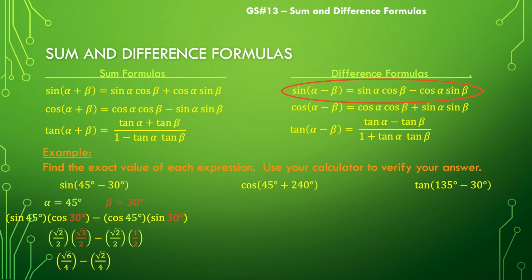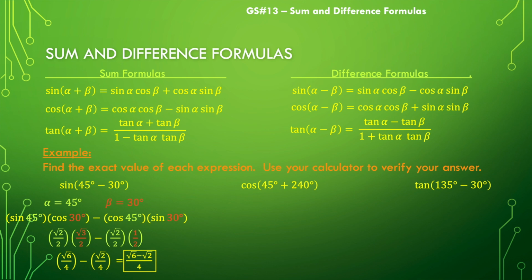Okay, and so all we can do with that is really combine it into one fraction. So we would end up with the square root of 6 minus the square root of 2, all divided by 4. Okay, now if we want to double check that on our calculator, what we're going to do is input that expression. And remember, if I do that, you want to keep your numerator in parentheses.